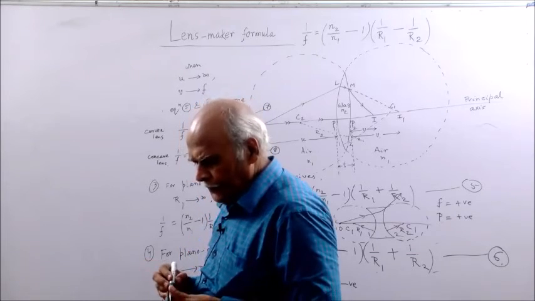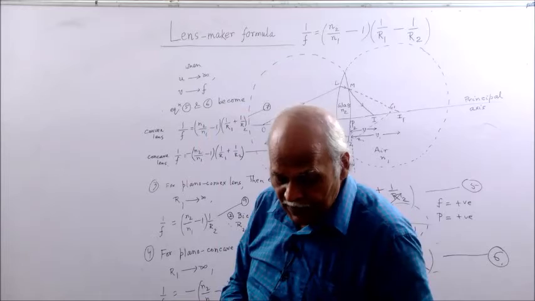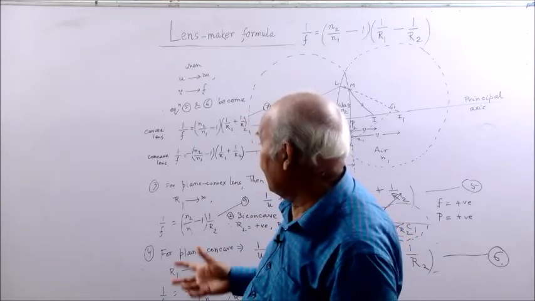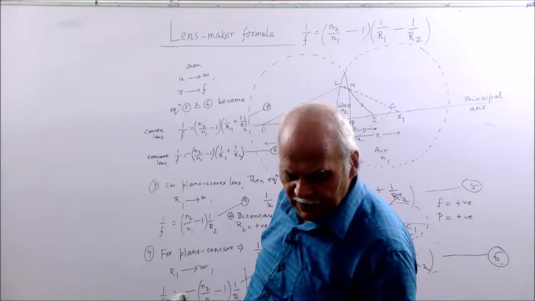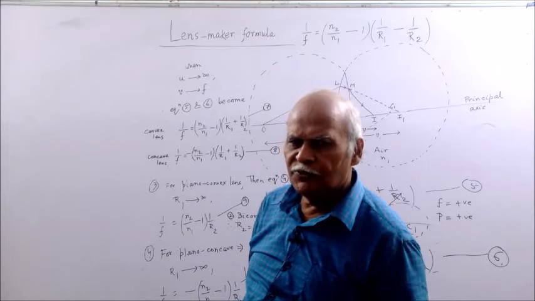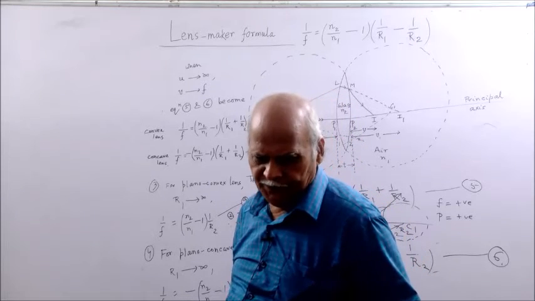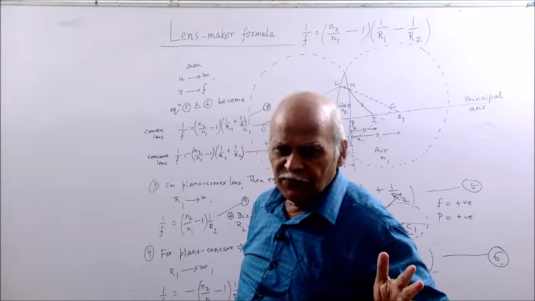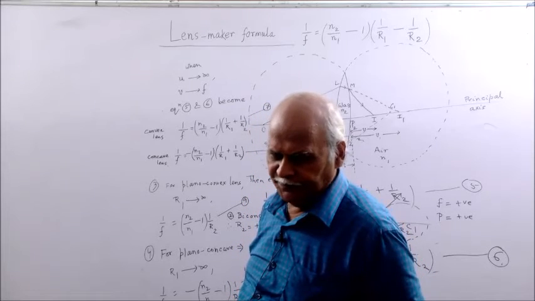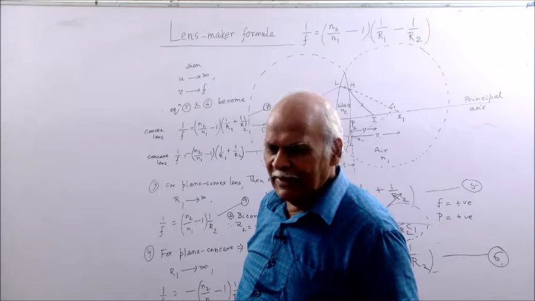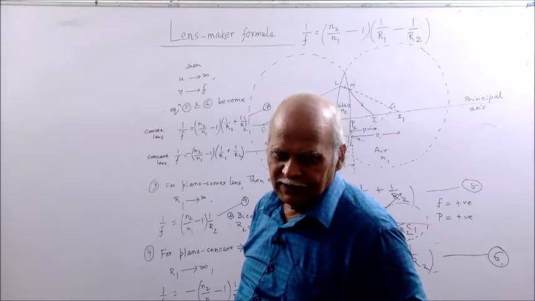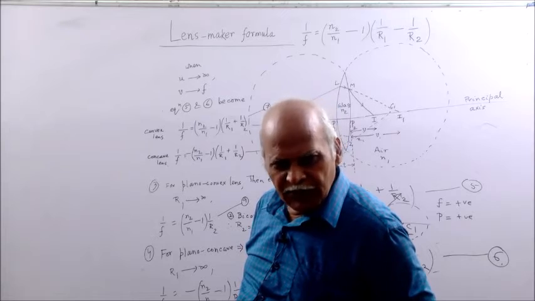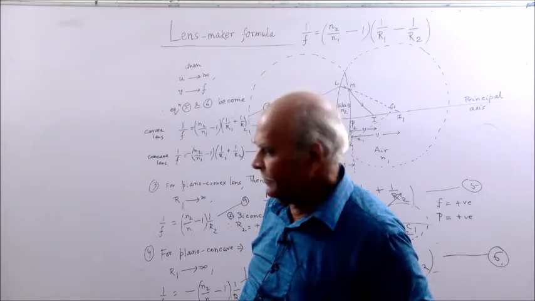So, these are the special cases, and then an interesting effect of this formula is that a lens has a focal length, suppose 10 centimeter in air. Then if that lens is immersed in water, then the focal length will be more than 10. That has been theoretically established and experimentally verified.